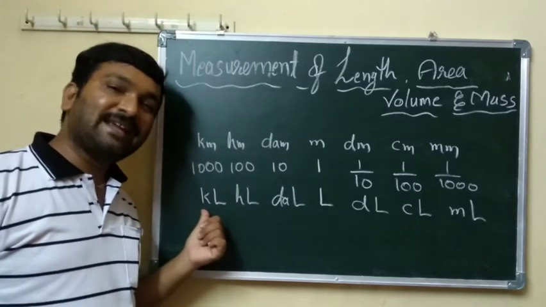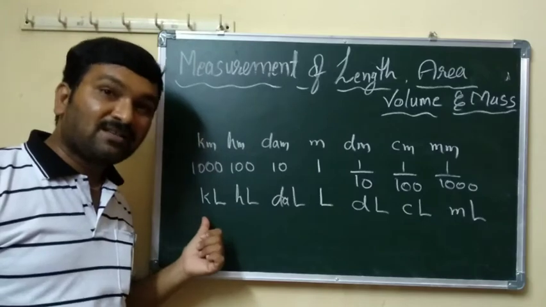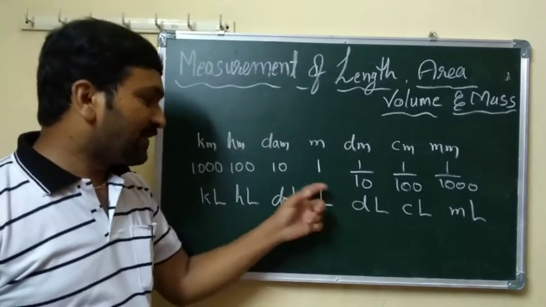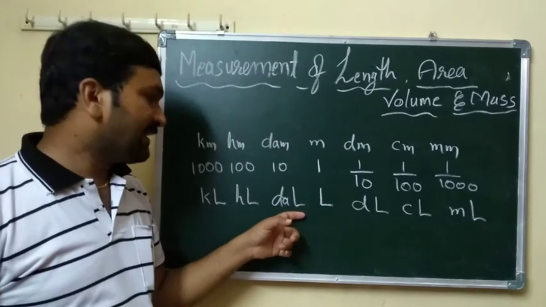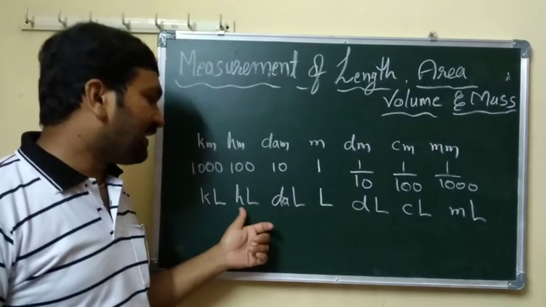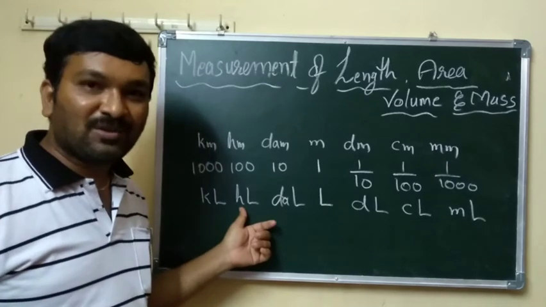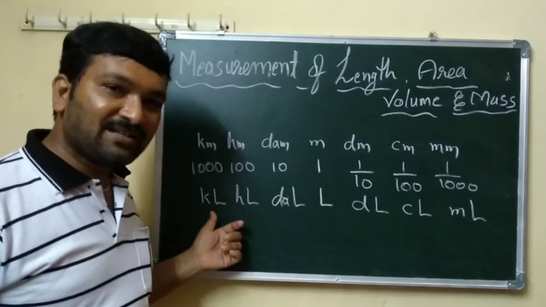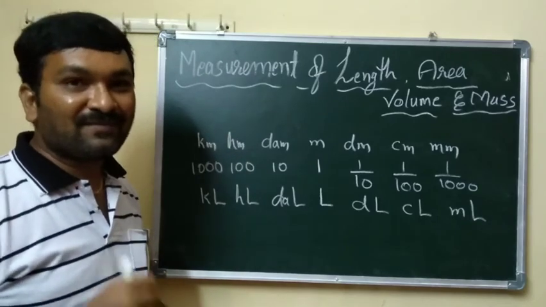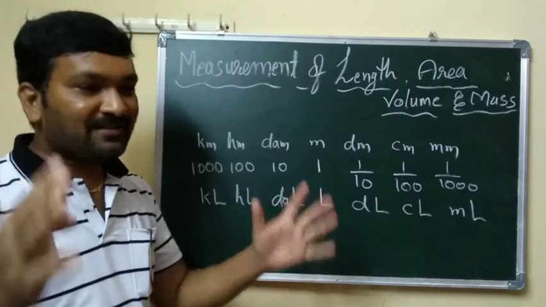Here I wrote KL for kiloliter. Suppose 1 liter, if you multiply it by 10, that is 10 liters, called a decaliter. 100 liters is a hectoliter. 1000 liters, like your water tank, they write as 1 kiloliter tank.